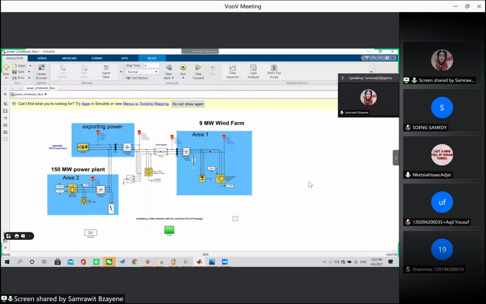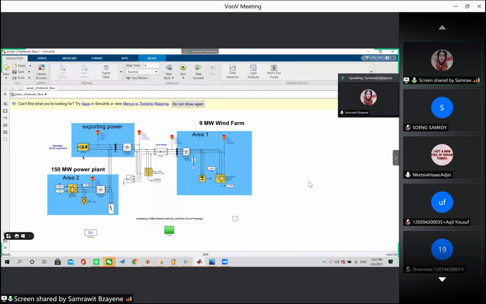So this 9 megawatt wind farm is exporting power to the network, that is 120 kV. And the 150 megawatt power plant is using a 13.8 kV synchronous generator, connected to the 120 kV bus through a transformer. So area 2 and area 1 are connected through the 120 kV network.